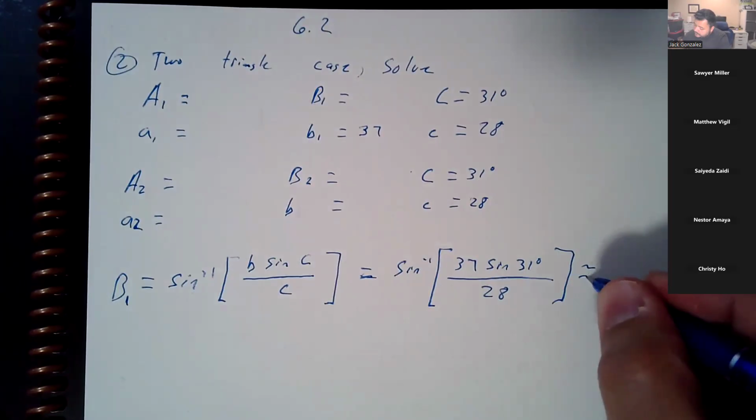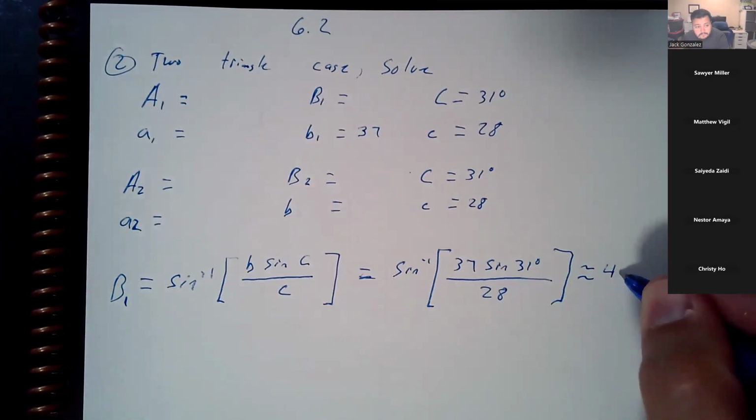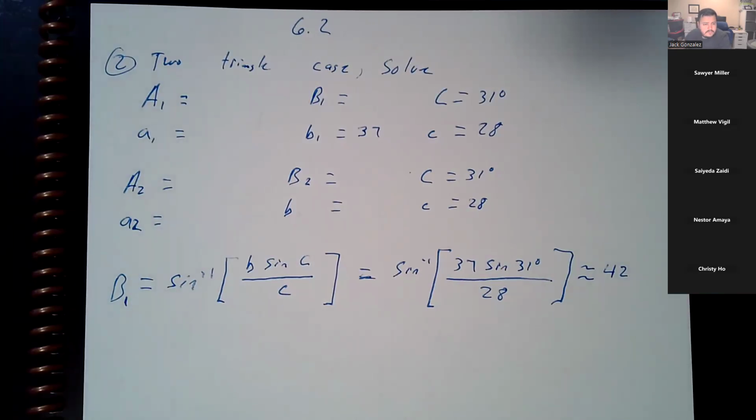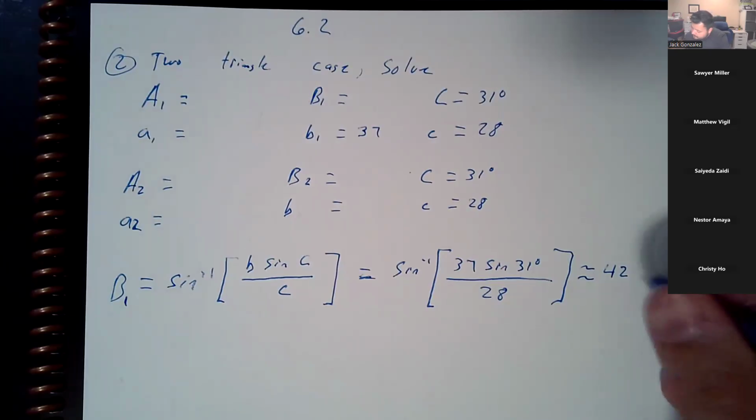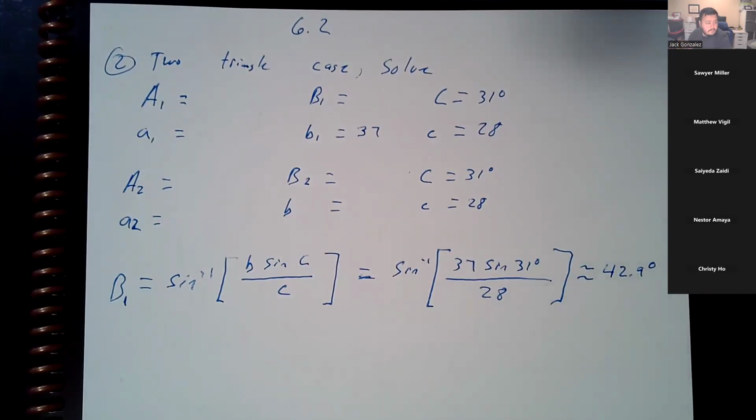That will give us B1, which on the calculator, I believe, is 42. Did I say round to the nearest tenth? I think it did. Yeah. There we go.